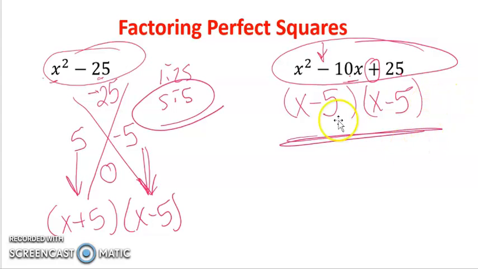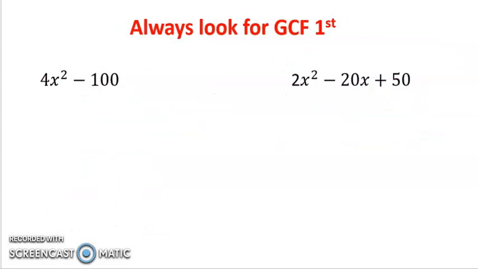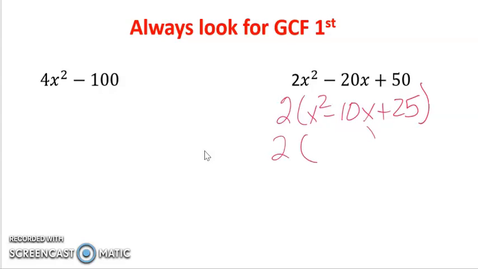Okay? Every once in a while you will find one that you have to pull out the GCF first. So like this one, 2 divides into everything. Okay? And then you can factor what's left. So this was the one we just did, and we subtracted 5 each time. Okay?